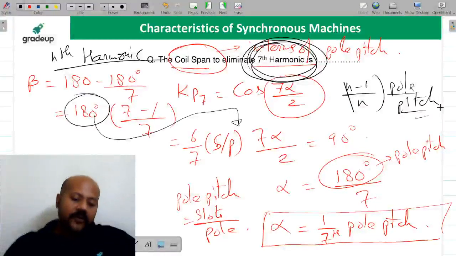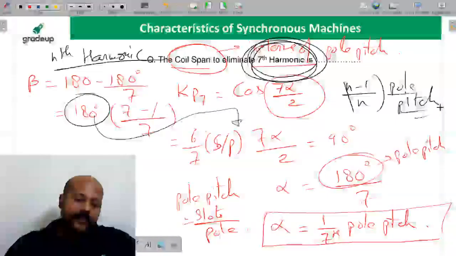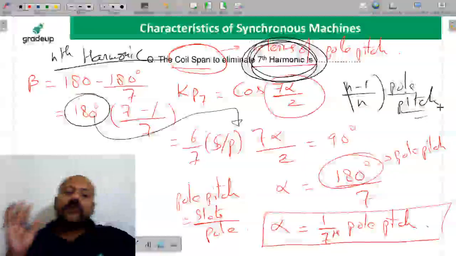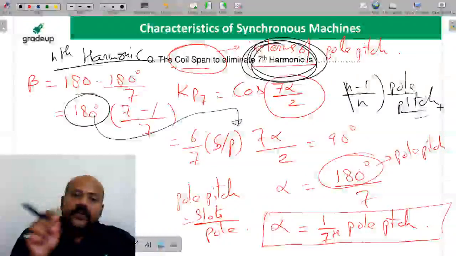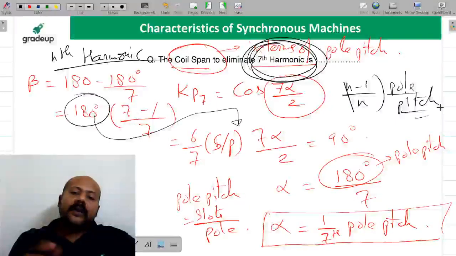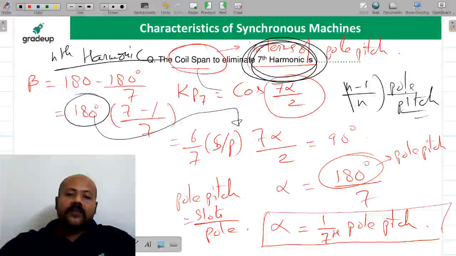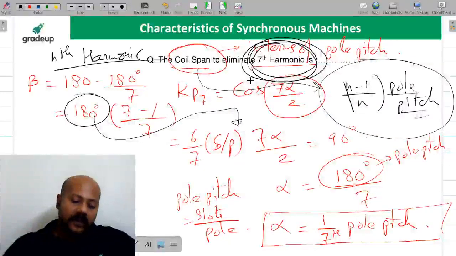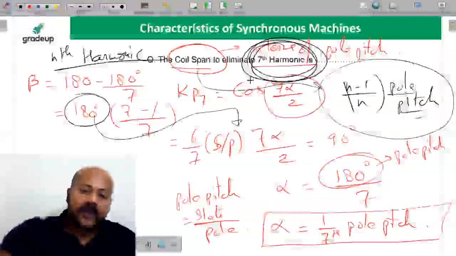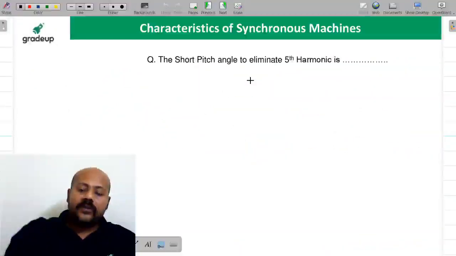Is it clear to all of you? Please tell me quickly. Even if you are finding the exact value, there is no problem. I just wanted you to understand this concept: if you want to remove the nth harmonic, the coil span should be n minus 1 upon n pole pitch. This formula can be directly asked in your examination, so it is important. Now just do this problem.